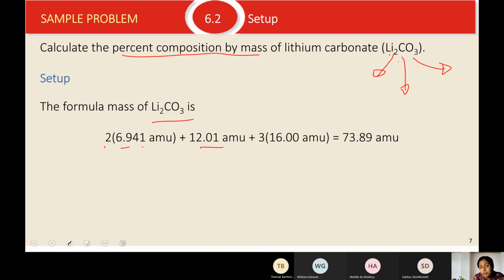Then I add the atomic masses from the oxygens. There are three oxygens in this molecular formula, so I multiply the atomic mass of oxygen by 3. Altogether, the sum of this calculation is 73.89. That is the formula mass, or the molecular mass, of lithium carbonate.